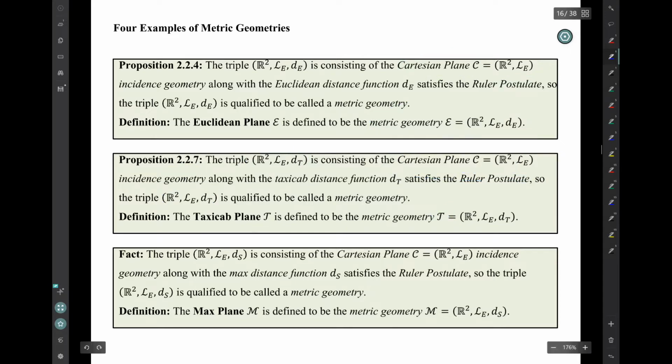It's a fact that this triple, the Cartesian plane incidence geometry combined with the max distance function, also satisfies the ruler postulate. So that triple is a metric geometry, and we call that the max plane. So three different metric geometries that all have the Cartesian plane as their set of points and set of lines.